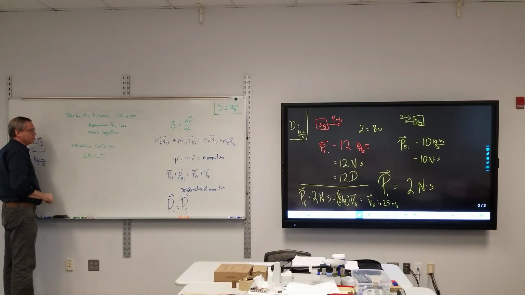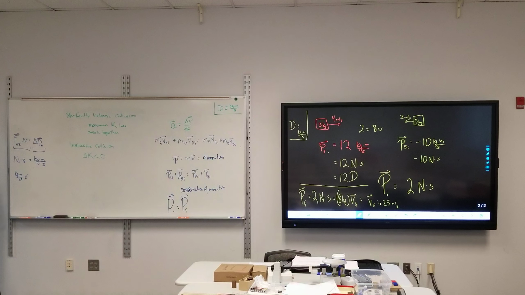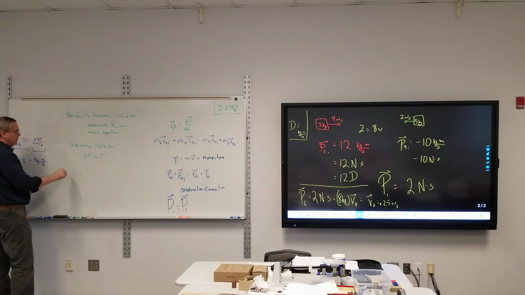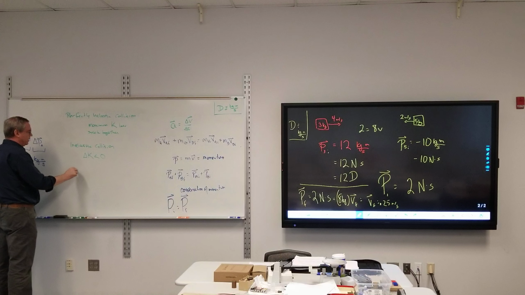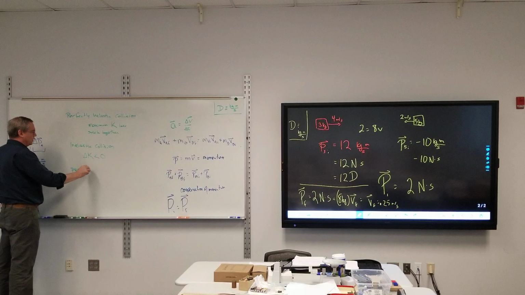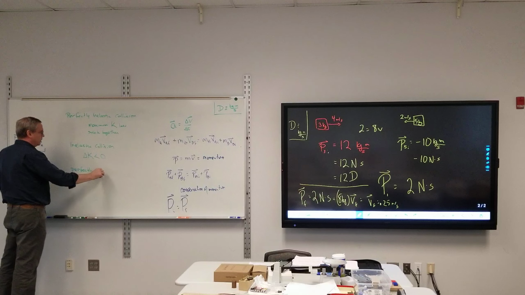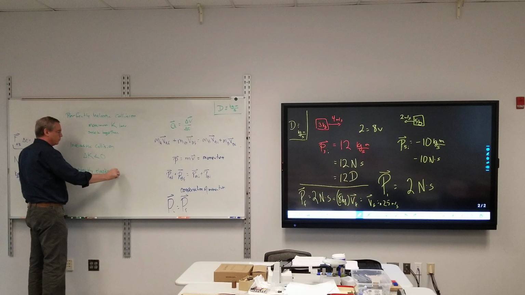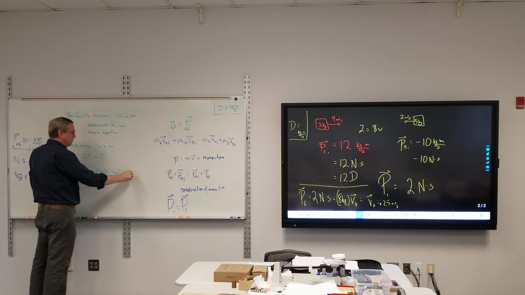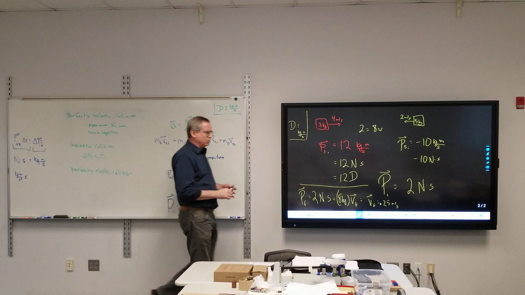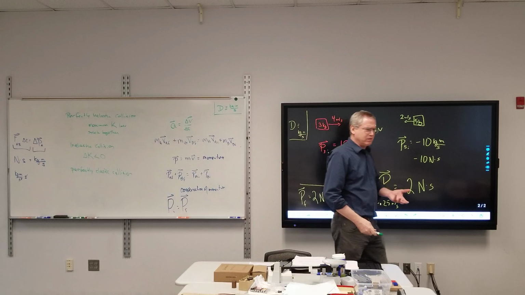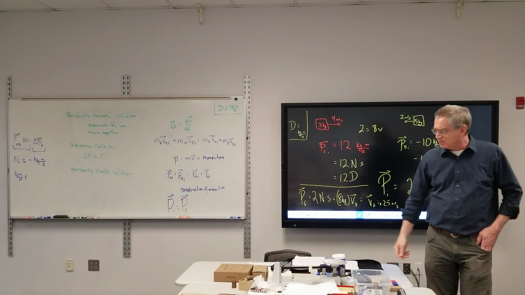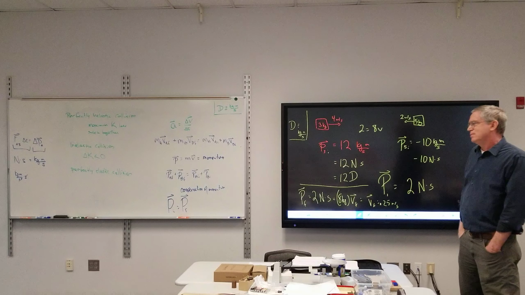If there is no loss of kinetic energy, that is a perfectly elastic collision. So you might look at that and be thinking, well, why is it perfectly elastic? Isn't it just elastic? Well, yes and no.